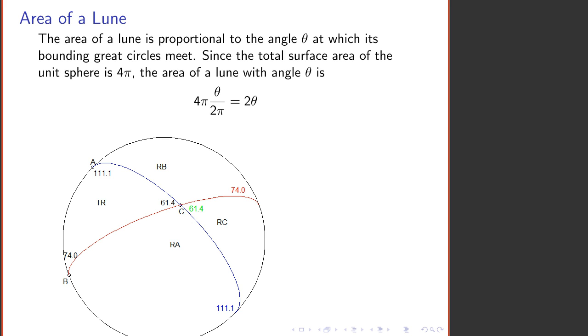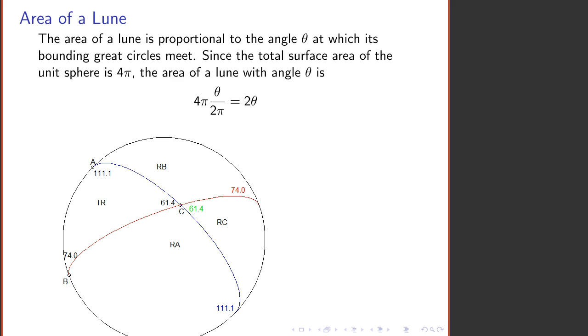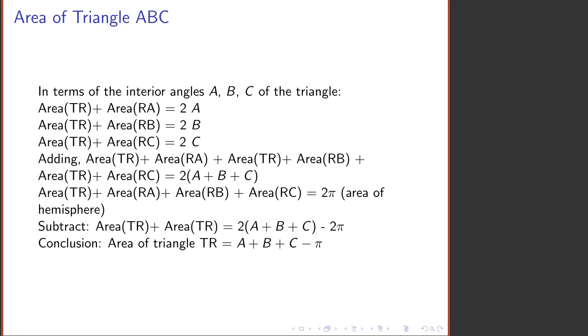Here is that loon, and the angle of the loon is A. Similarly, TR and RB form a loon, and the opening angle of that loon is B, so its area is 2B. And finally, TR and RC, though they didn't actually form a loon, have the same area as a loon with opening angle C.